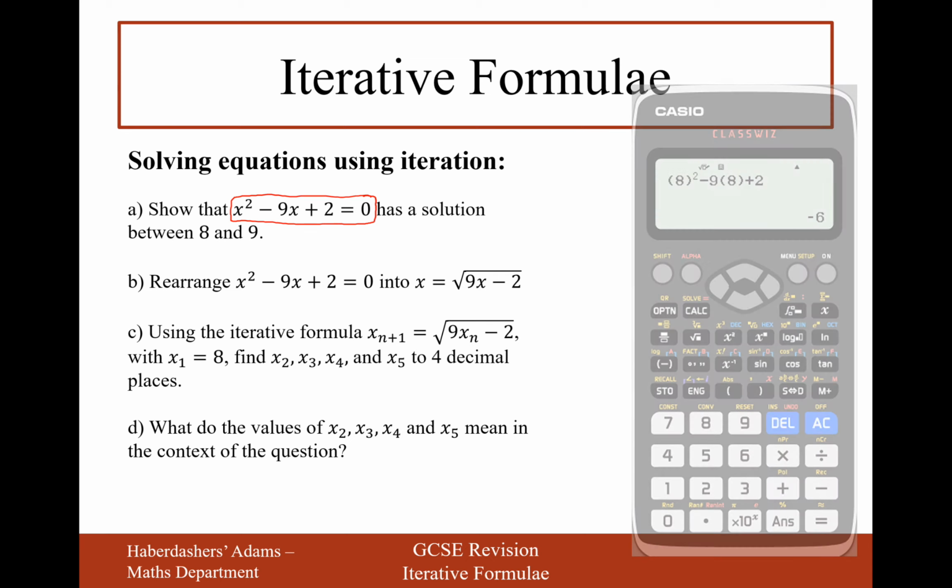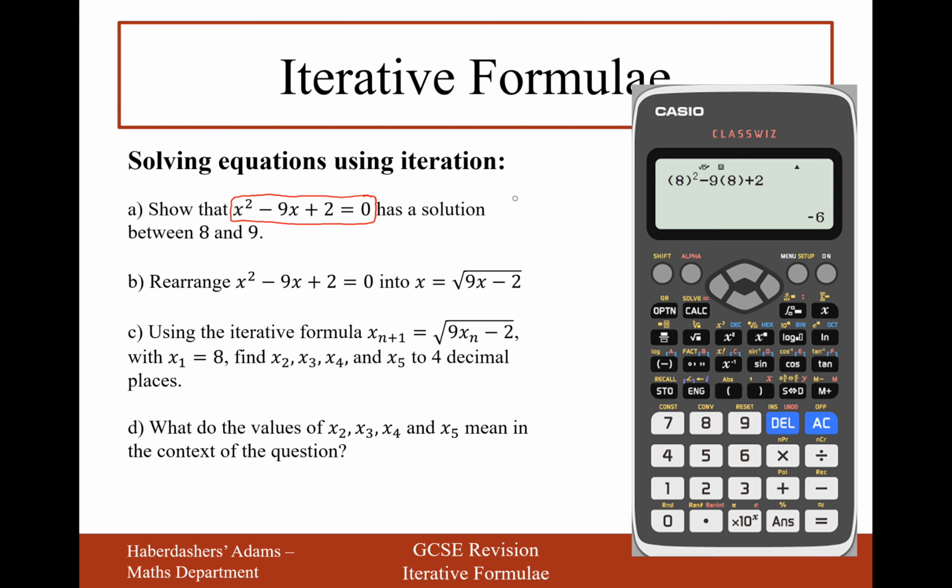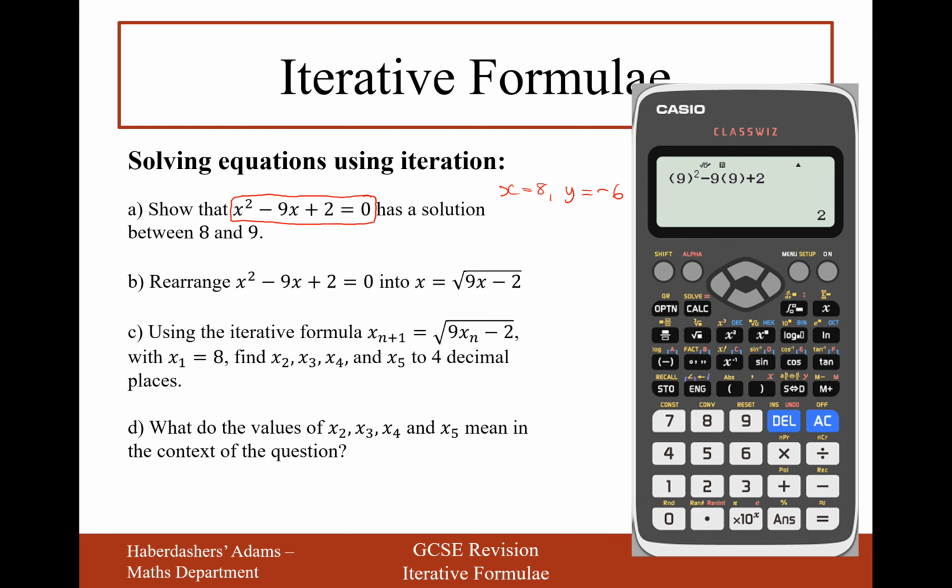So what I can do is show that when I put in 8 as x, then the output, we'll call the output y, will be minus 6. And then when I put in the number 9, it goes to a y output of 2.